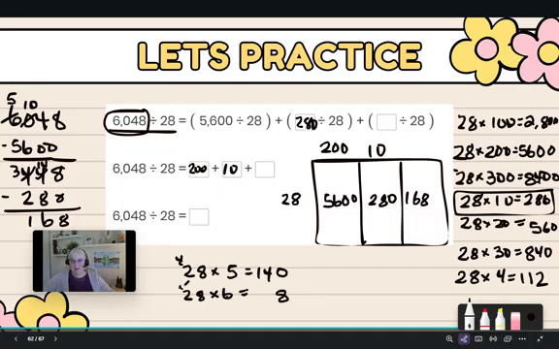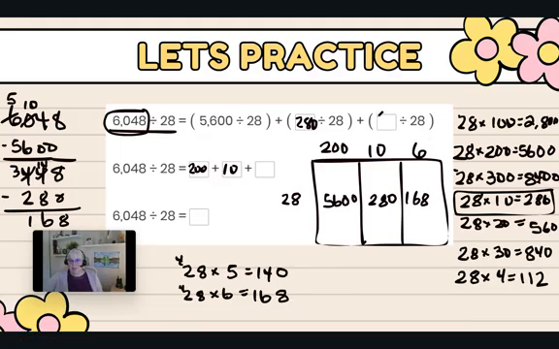Write the 8, carry the 2. 6 times 2 is 12, and 4 more, yep, is 168. So this is 6. Oh, I forgot to put the 168 up here. So I'm going to put the numbers in here. 200 plus 10 plus 6 is 216.